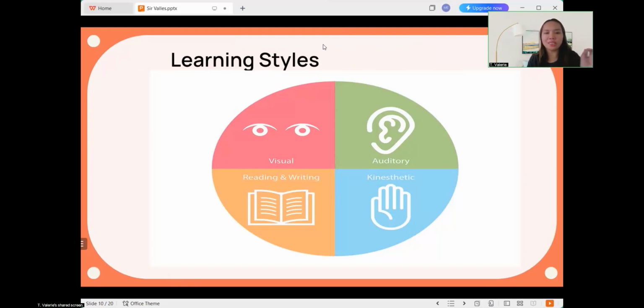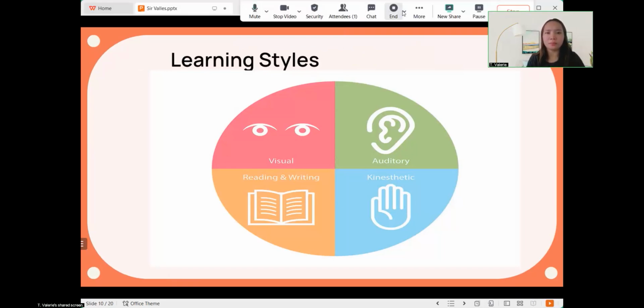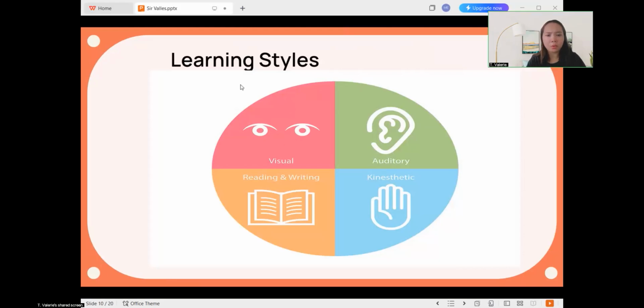And one of which is visual. What are these visual learners? These visual learners are students who learn best by seeing, by watching.